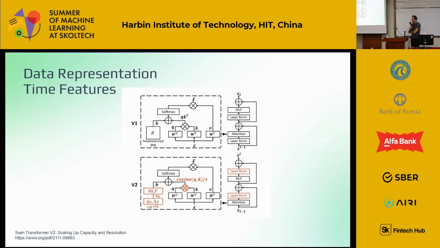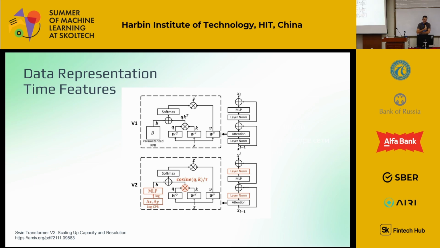The second is to use some architectural improvement to model time. Here is an example of a paper where the relative positions of image patches on the pictures are provided to the attention layer.